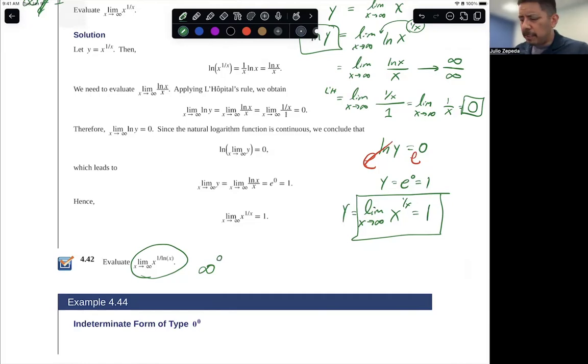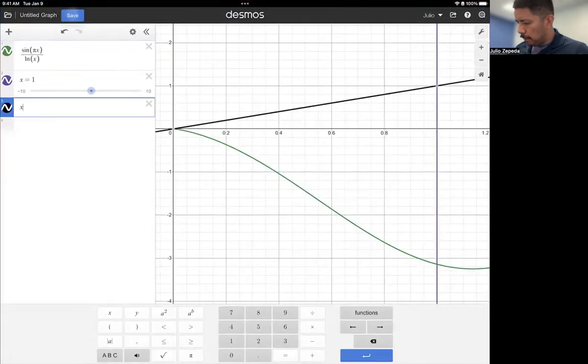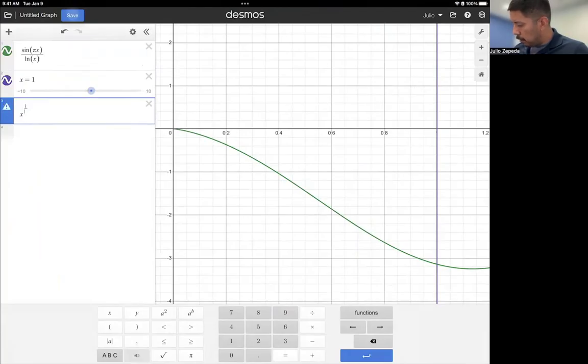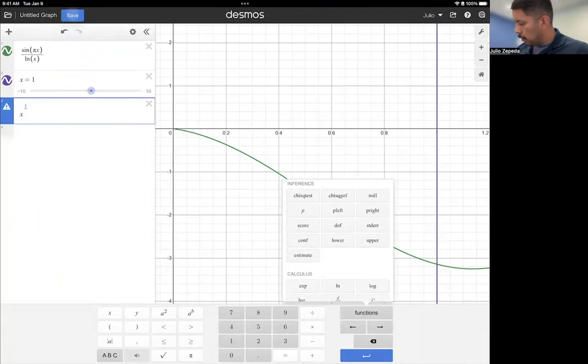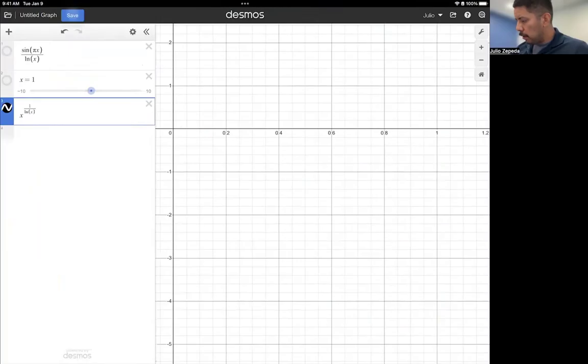So let me graph this really quick just so we can see what this does as x approaches infinity. x to the 1 over natural log of x. Okay, there's our graph.